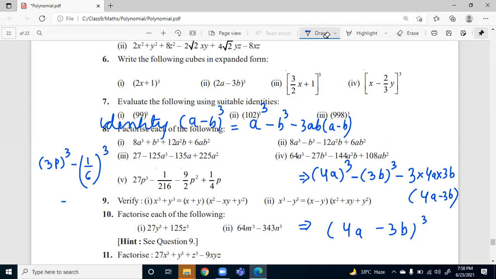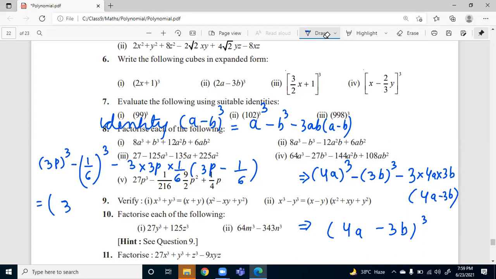So I can see it is going in the form of a cube minus b cube. Then I will write minus 3 into a into b, and in the bracket a minus b. So this is changing into a minus b whole cube. Ma'am, what's the sign of 9 upon 2?